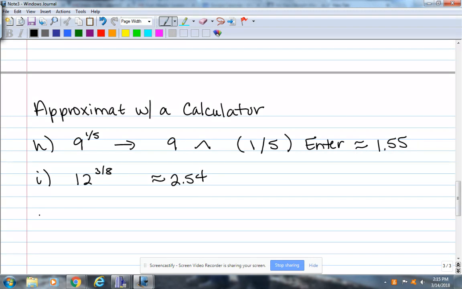What if they give you the problem in a radical form? What if they want you to approximate this in the calculator? Break it down how? You're close. Yeah, so you make it a fractional exponent. So your base will be the number in the radical. Very good. And then that's your numerator, your index is your denominator.